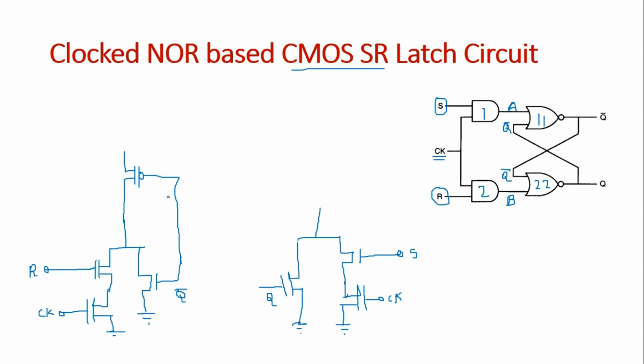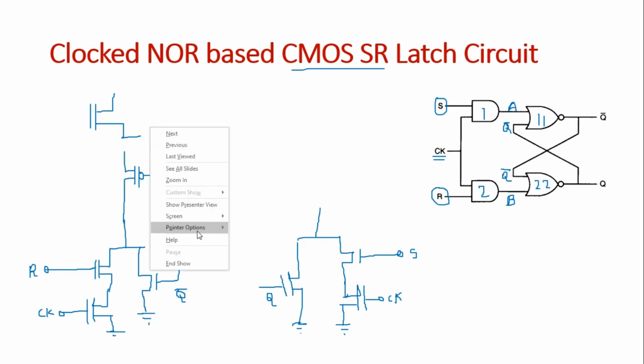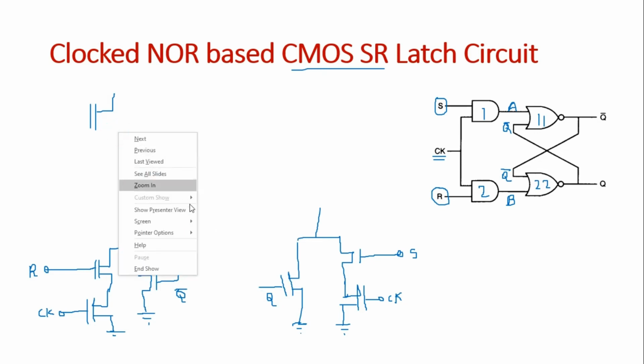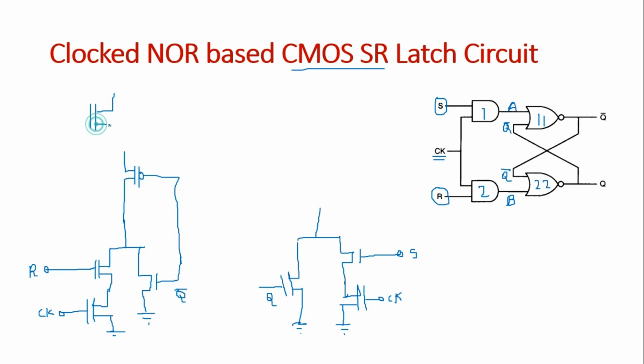So as R is at this side, we will draw a PMOS transistor for R at this side. So it will be easier for us. Just let me erase this. Okay, so here this is the R, which can be directly connected over here.